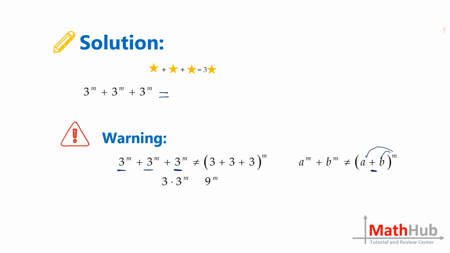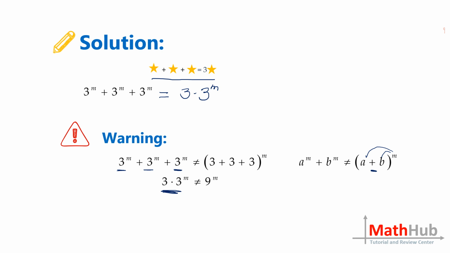Now this one, according to what we just recalled, is the same as 3 times star. Our star in this case is 3 raised to m. Now my question is, is 3 times 3 raised to m equal to 9 raised to m? So what did you do there? You multiplied 3 and 3 and then you copied the exponent. Is that true? That is false.